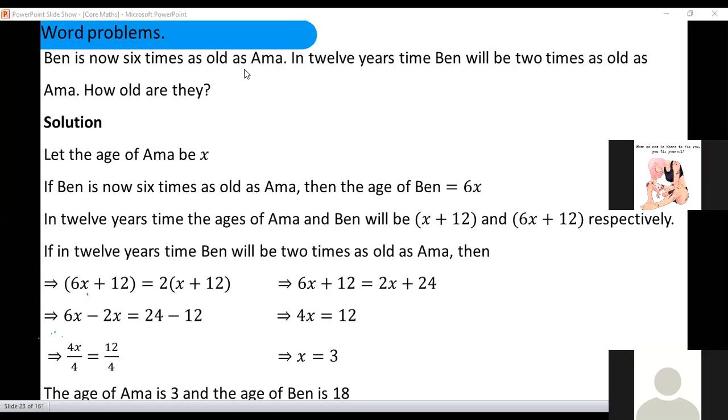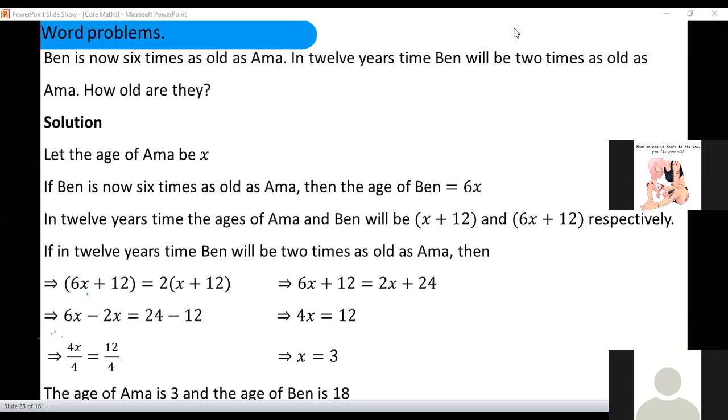If Amma is 2 years and Ben is 6 years, then 3 times Amma's age is Ben's age. So we say that Ben is 3 times as old as Amma.